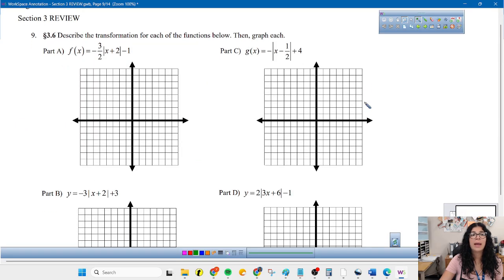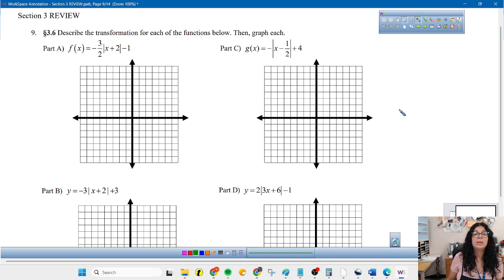All right, they want us to go ahead on number 9 and describe the transformation and then graph it. So the transformation here would be, we start on the inside, so that's +2, remember, is opposite, so it's going to be a shift left 2. Then you're multiplying on the outside by a negative and by 3/2.